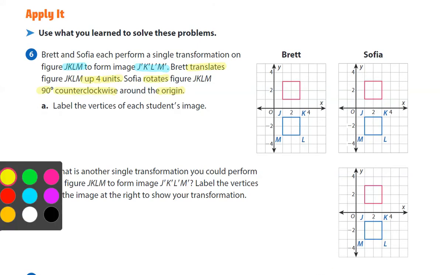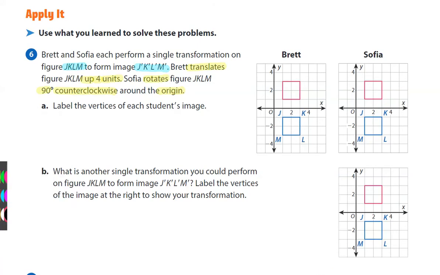Okay, well, Brett just slid it up, so that's super easy. So he's just sliding it, and so it's going to stay the same orientation, because remember, translations don't alter the orientation, they just alter the location. So this square is going to stay exactly the same, just moved up. However, Sophia went 90 degrees counterclockwise.